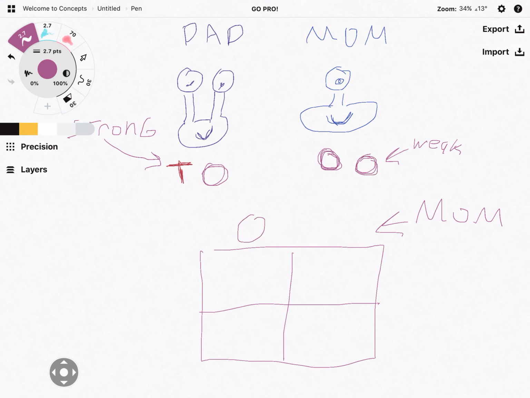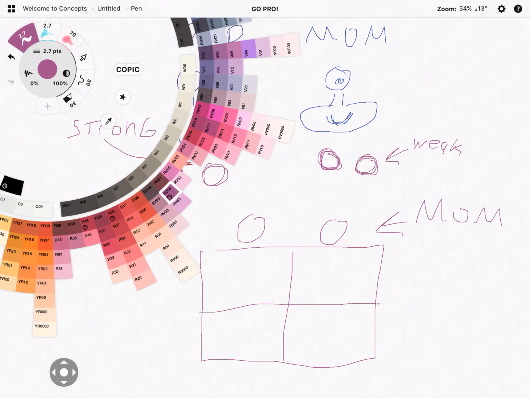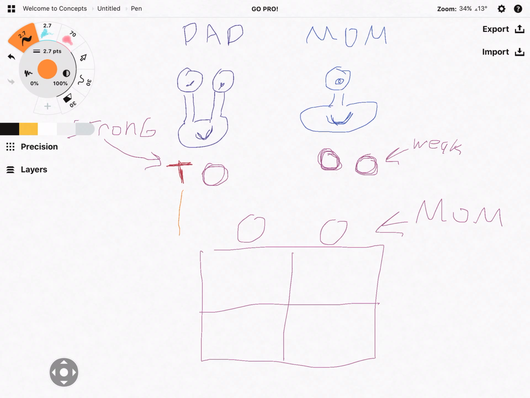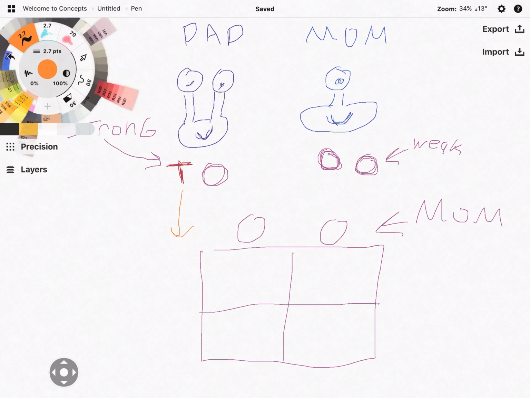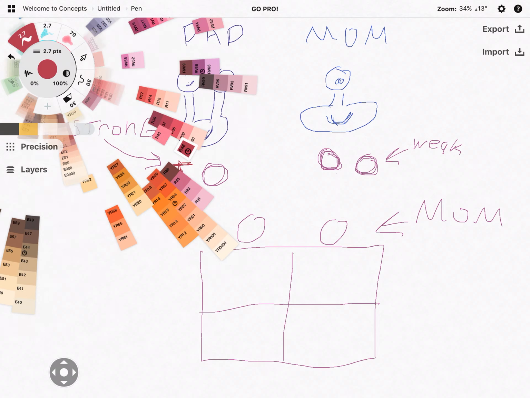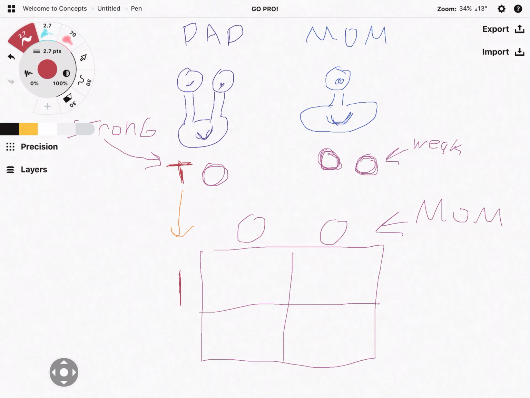So she has the 1-eye gene and the 1-eye gene. Now, let's take a look at what the dad could give. The dad, he actually has some choices. The dad could give the 2-eye gene. Remember, this is the strong gene. Or he also has the 1-eye gene.